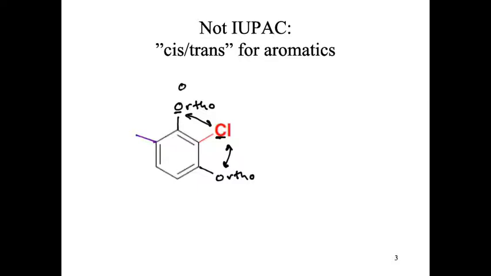What's the next position? Meta, or M? Is there another meta? Yep, over here is our meta. And then lastly, we get para. Okay? So it's just a way to show the relationship between any two groups.